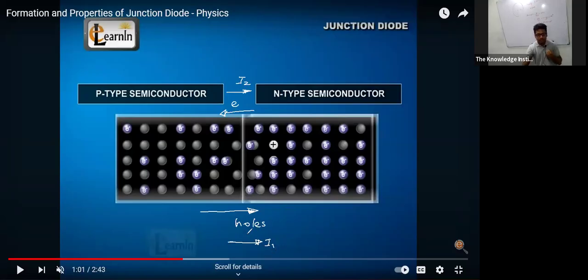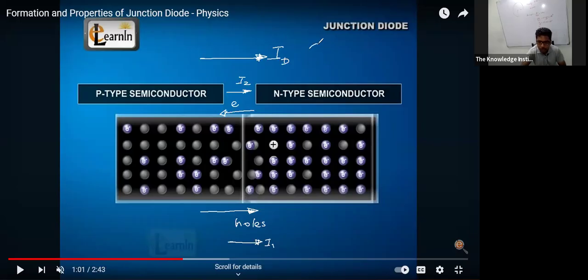I1 is the small current due to the flow of holes, or the diffusion of holes. I2 is the small current due to the diffusion of electrons. By considering I1 and I2, the resultant sum is the net, or total, current ID.